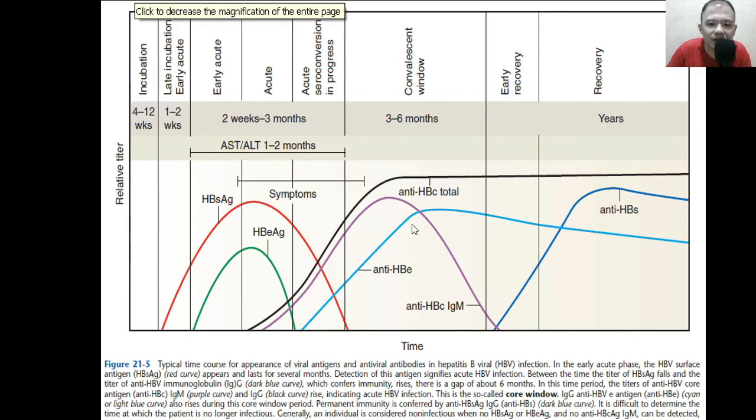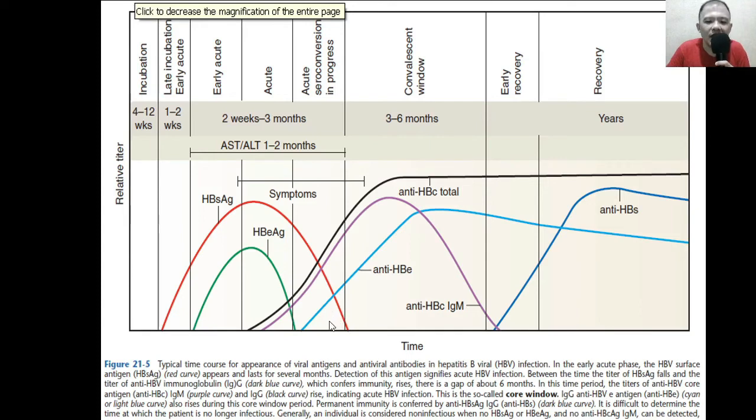You also see the rise of the anti-HBC total, which is a protection, an antibody that will protect the patient for a long time. But it's really the anti-HBS that will make the patient immune to hepatitis B virus for a long time.